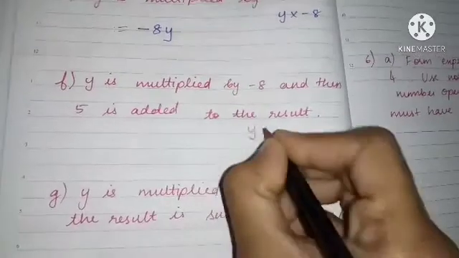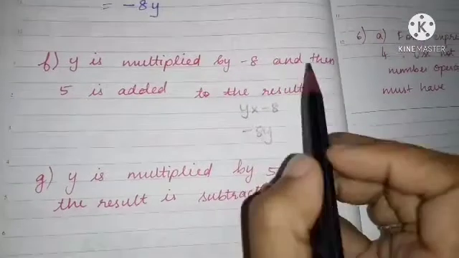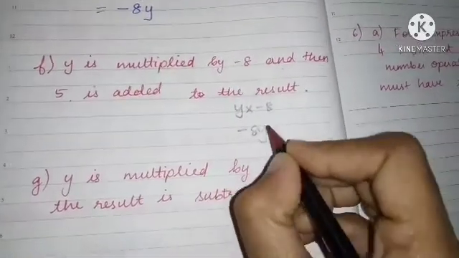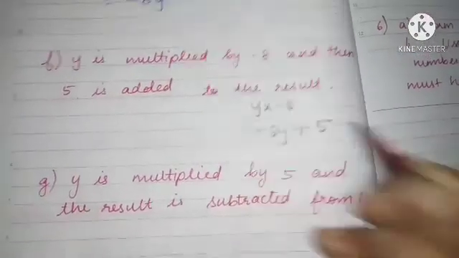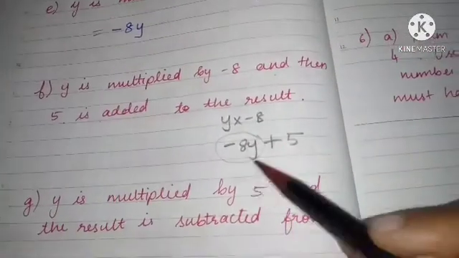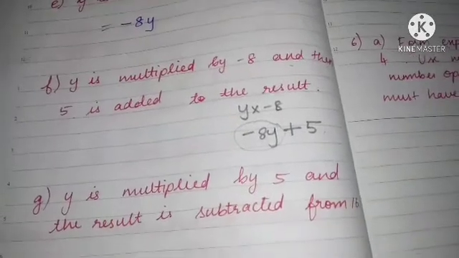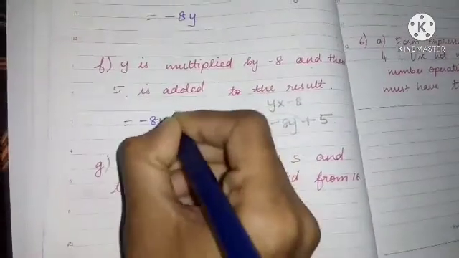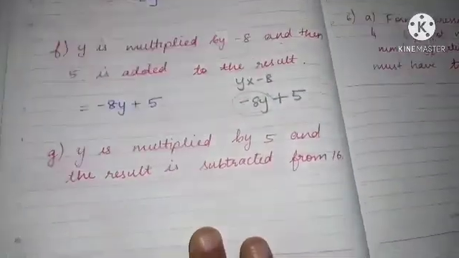Y into minus 8 gives minus 8y. And then 5 is added to the result. What is the result you are getting? Minus 8y. In that I am going to add 5. So minus 8y plus 5, because 5 is added to that. What is the answer? Minus 8y plus 5.